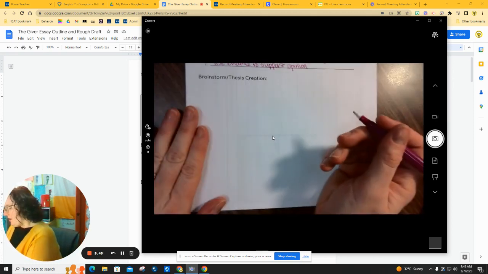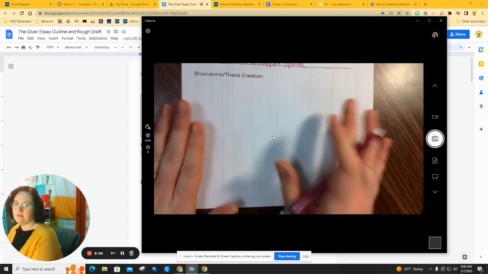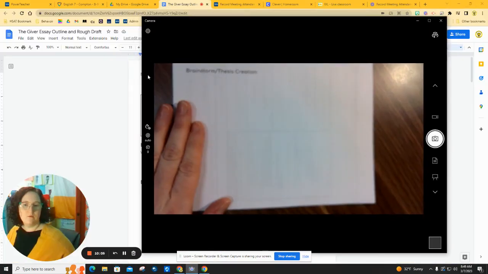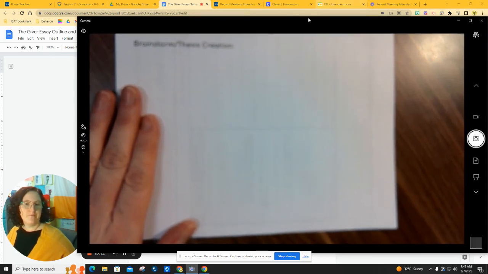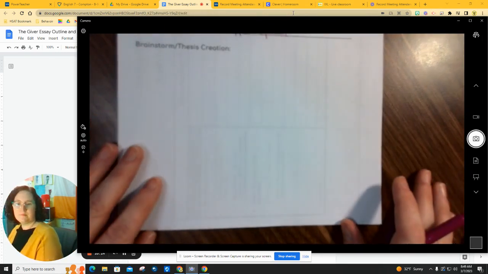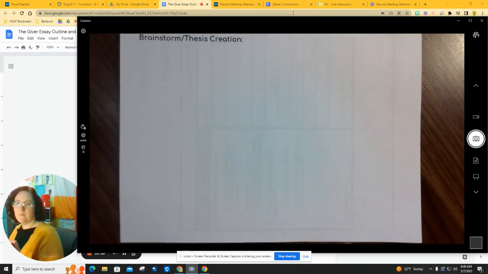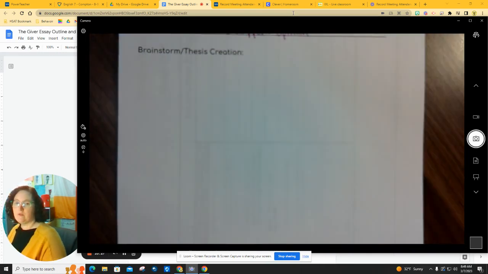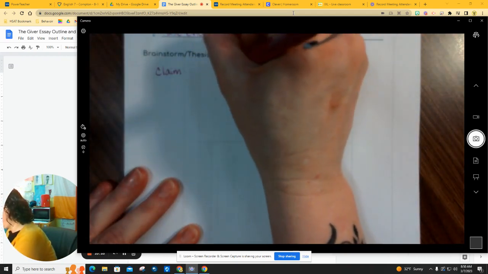Okay, so let's test. I wish I could make this a little larger. Goodness, when I made that larger, it cut me out completely. Come on. There we go.